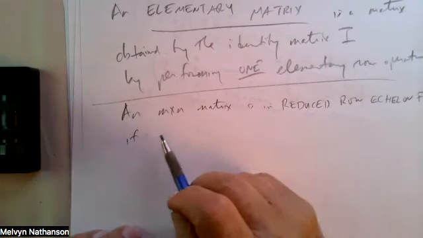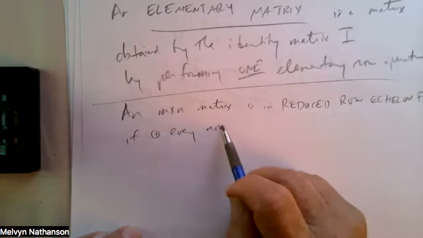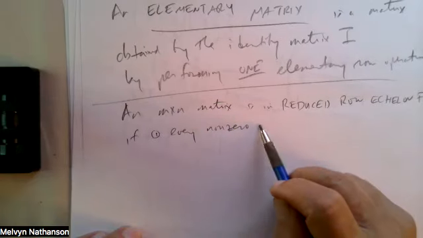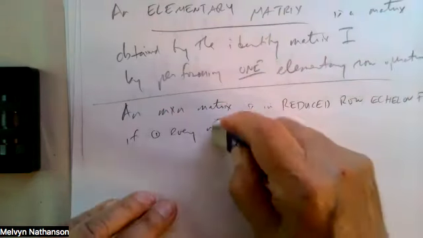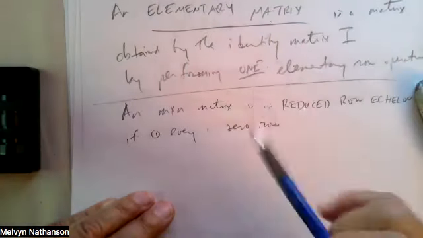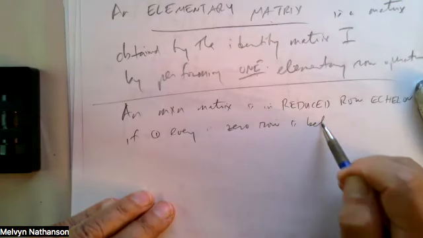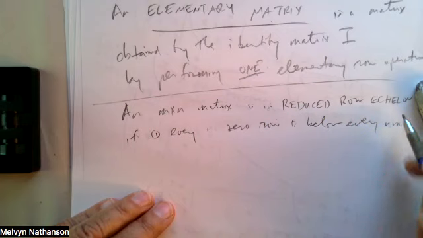First, every zero row, which in a matrix can be a row of all zeros, is below every non-zero row.